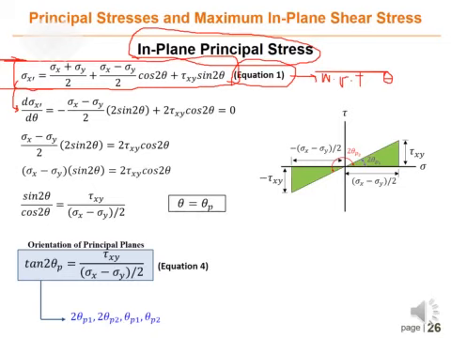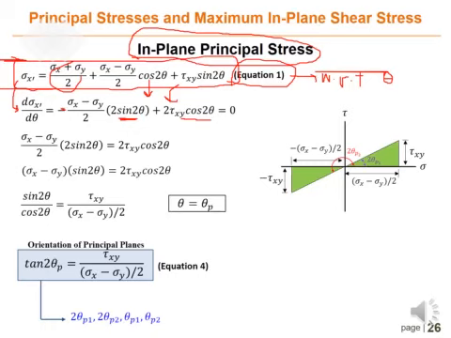This term will be eliminated, and then differentiating cosine, you get a negative sign, so that's why you have negative sine 2 theta here. Then differentiating sine 2 theta, you get cosine 2 theta, so here you have 2 tau xy cosine 2 theta, and you must make it equal to 0.